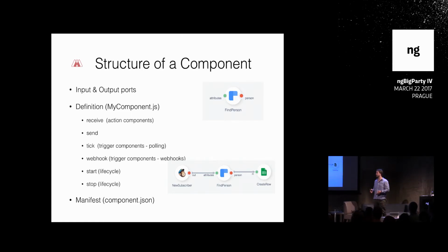This receive method is called anytime there is a new message on the component input port and the component is ready to activate, or fire. Then we have the send method for sending data to the component output ports, which is then propagated to all the connected components. And we have tick and webhook that relate to polling and webhooks, and some lifecycle methods that the component can react to.